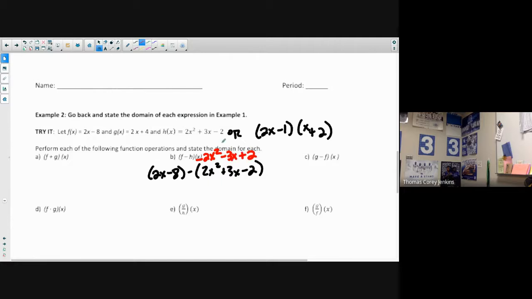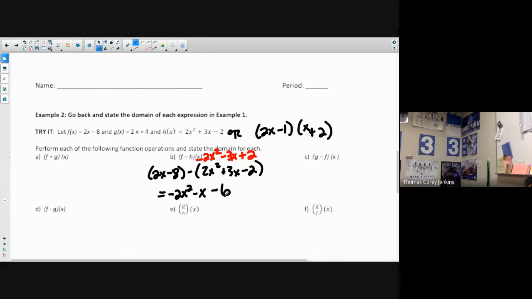And then you're combining like terms, okay? So my lead term would be negative 2x squared. Then my x term is going to be positive 2x, and then that's a negative 3x, so minus 1x. And then I have a negative 8 and a positive 2, which together make minus 6.